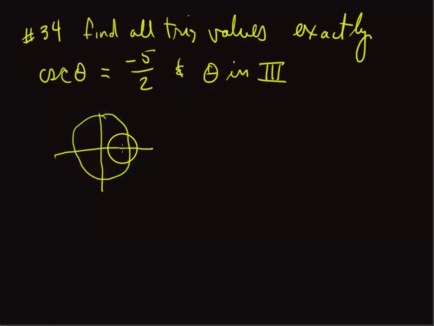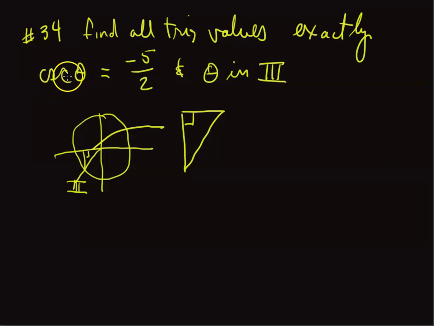We're in quadrant 3, so we don't even have to figure out which quadrant we're in. We've got this angle here, which gives us a triangle. Let's move that triangle out and make it a little bit bigger. Here's the right triangle.